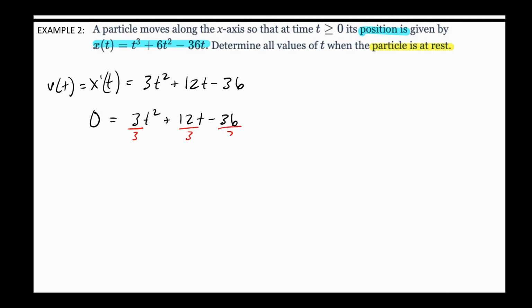GCF, so I get 3 and then t squared plus 4t minus 12. So I got to find the two numbers that multiply to be negative 12 and add to be 4. Positive 6 and negative 2.